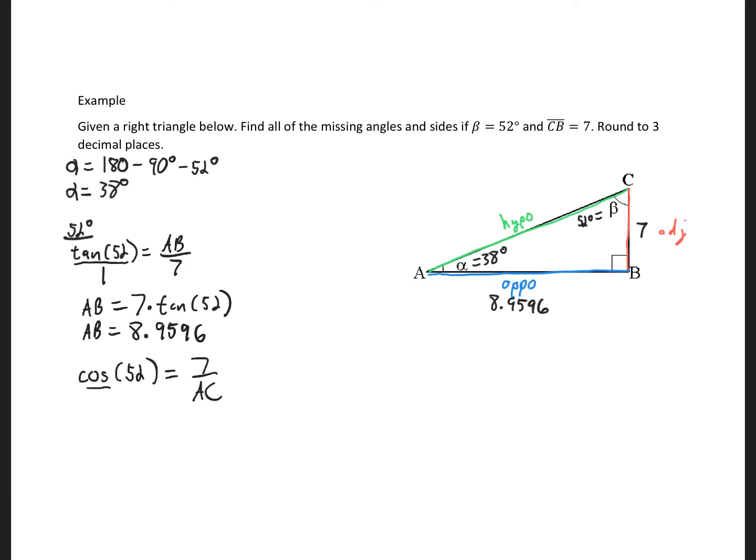And again here, let's put this over 1. If we cross multiply, we're going to get AC times cosine of 52 equals 1 times 7 is 7. To solve for side AC, we're going to divide each side by cosine of 52.